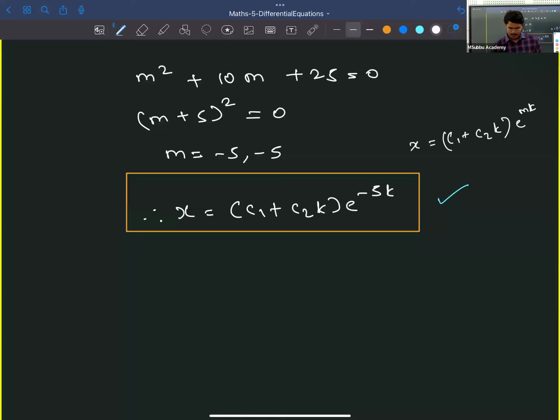Here m is nothing but minus 5, so just substitute that here. This will be the general form.